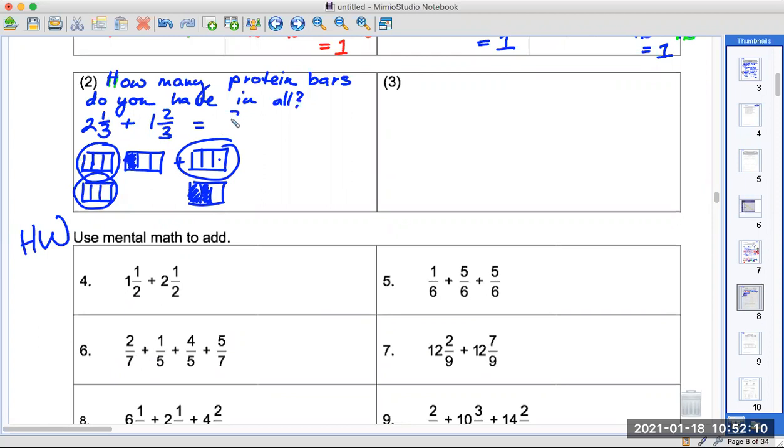So I know I have 3 whole protein bars, but I also have these parts. You can move the parts, these 2/3, you can stick right here. And then forget about this one. So I have 3 plus another whole 1. So altogether I have 4 protein bars.